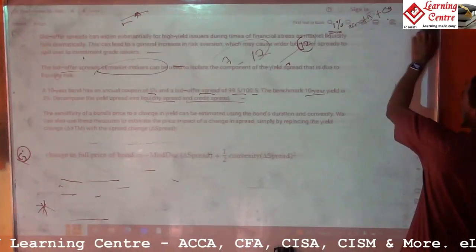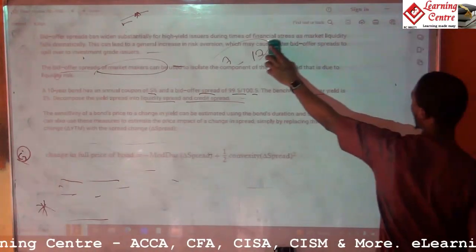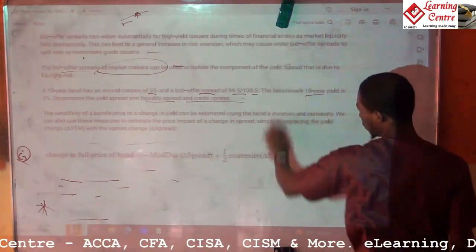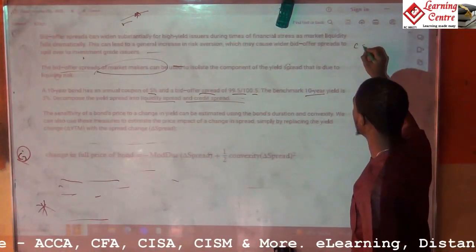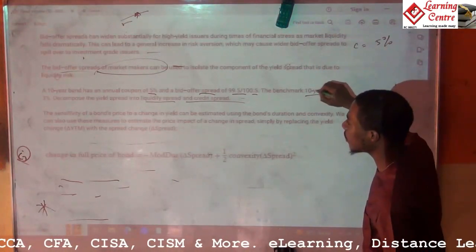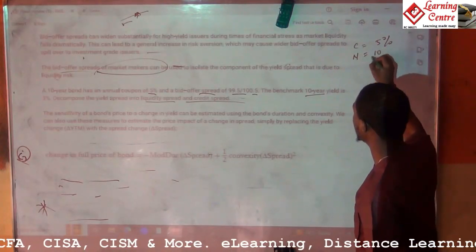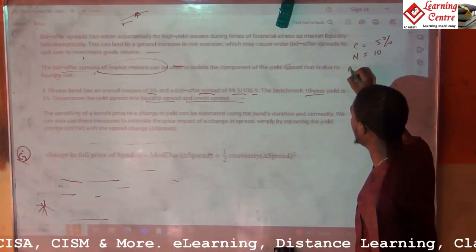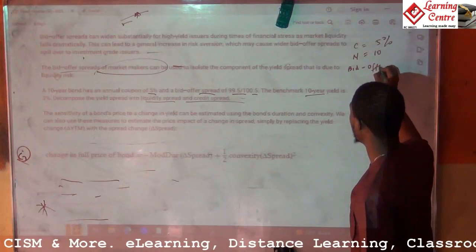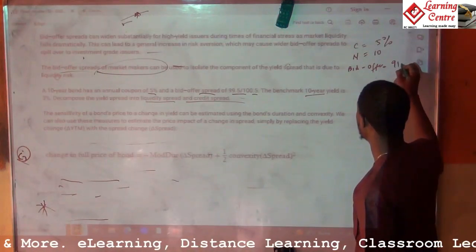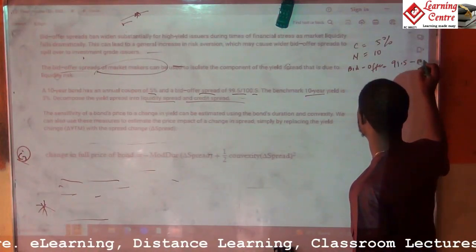The first thing you want to do is say what exactly the yield of this instrument is. Coupon is 5%, N is 10. Bid-offer is 99.5 to 100.5.